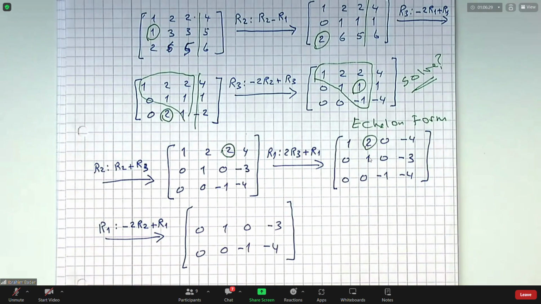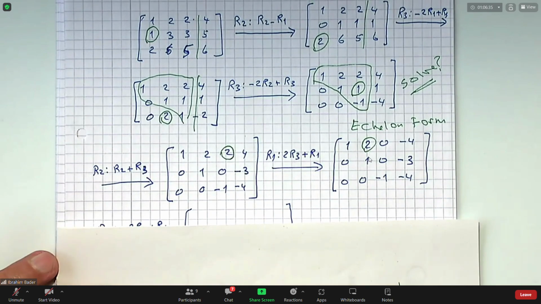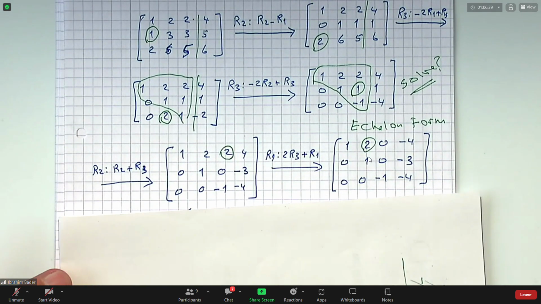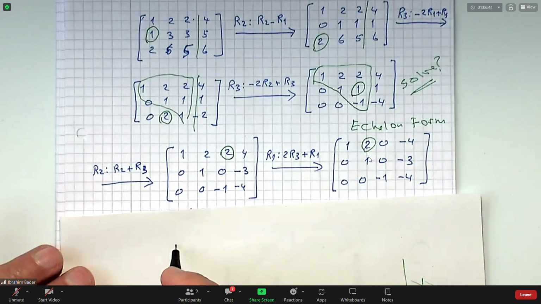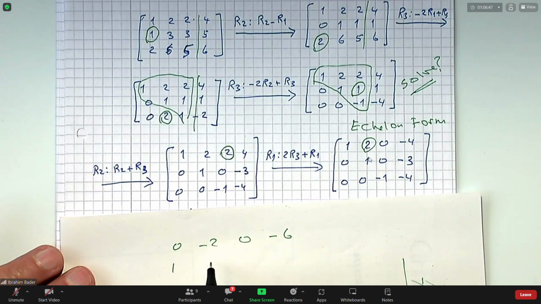Let's do it again on the scratch paper and see what we get here. So -2R2 is 0, -2, 0, +6. And here I have 1, 2, 0, -4.